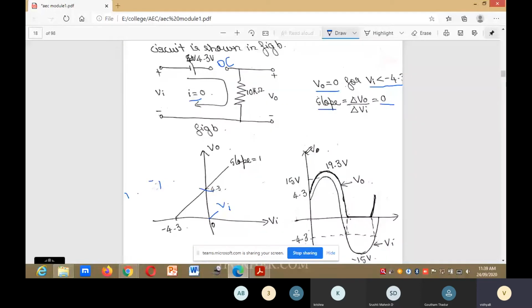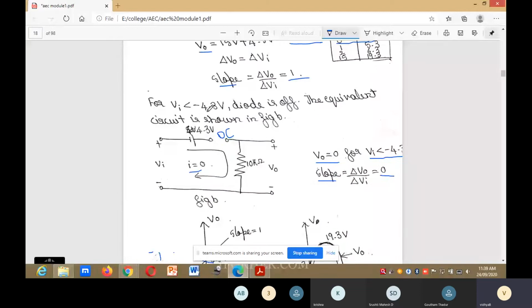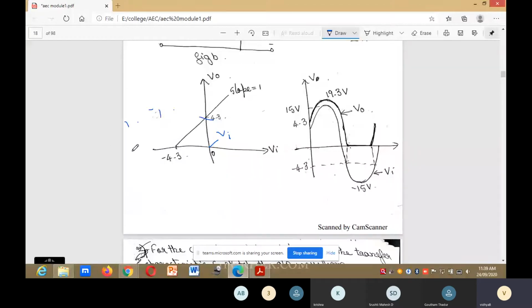When Vi is less than minus 4.3, we get slope equal to 0. That means here slope is equal to 0, and when it is greater than, the slope is equal to 1. Okay, next, the output waveform.